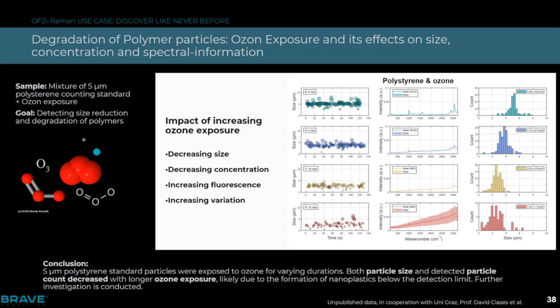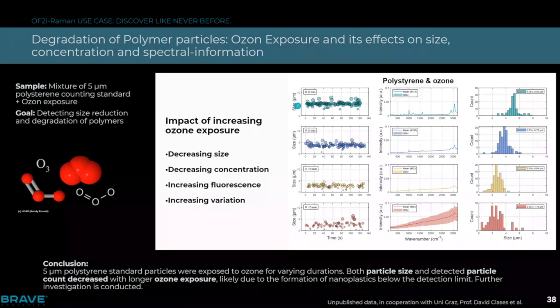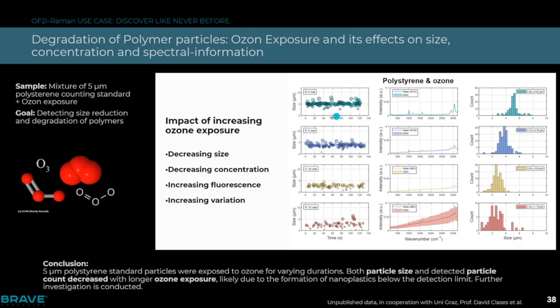We used ozone. Ozone creates stress on these particles and ages them over a very short amount of time. And we scanned lots of particles. We put them through this ozone chamber, and we did not turn on the ozone. So within these 140 seconds, we were able to measure 113 particles with very homogeneous spectra.